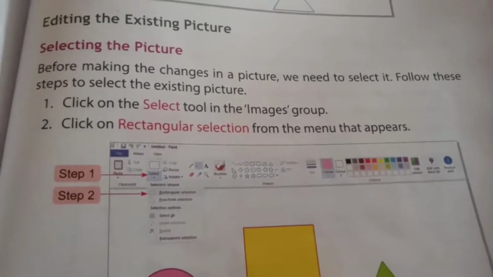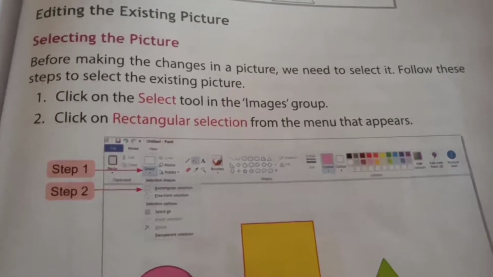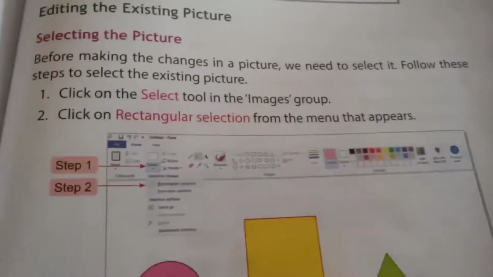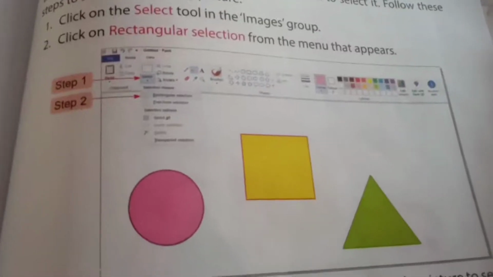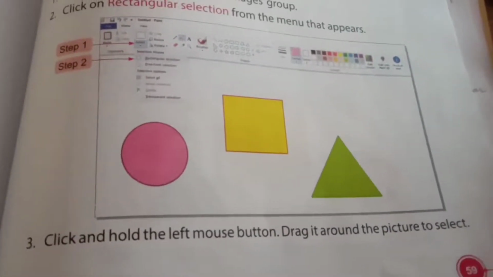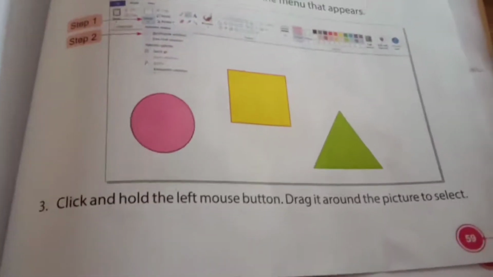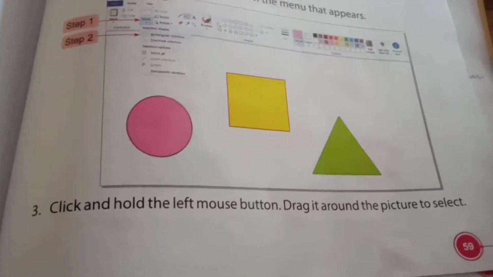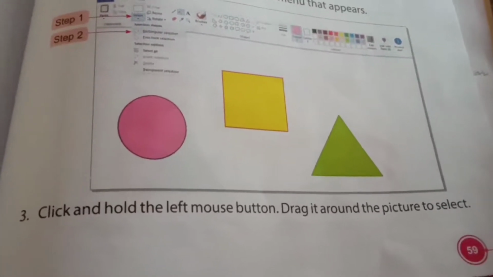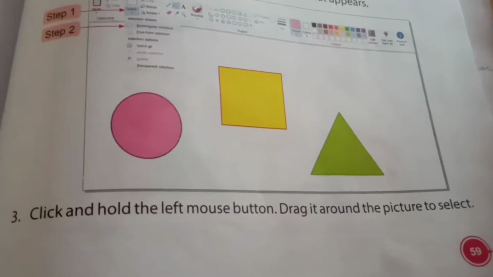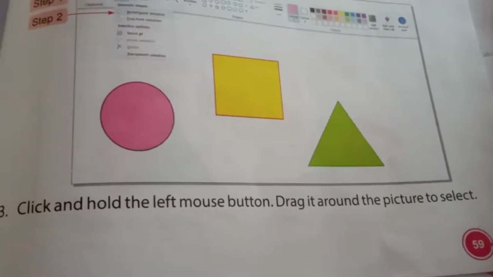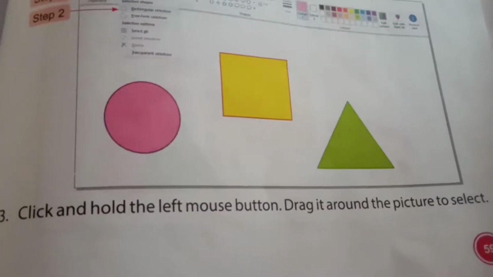Number 2, click on Rectangular selection from the menu that appears. Steps number 1 and 2 you can see over here. Number 3, click and hold the left mouse button, drag it around the picture to select. Up to this much is clear.